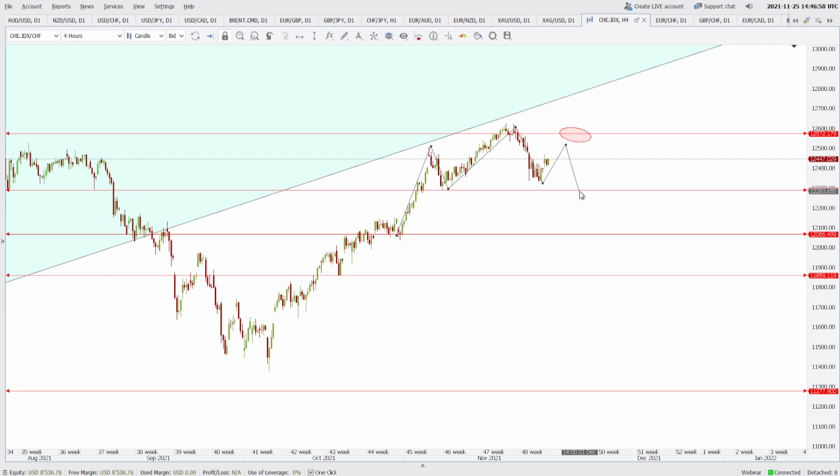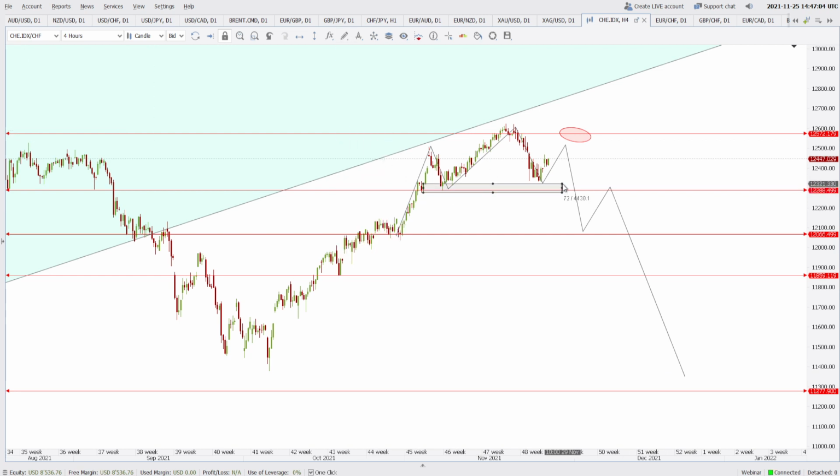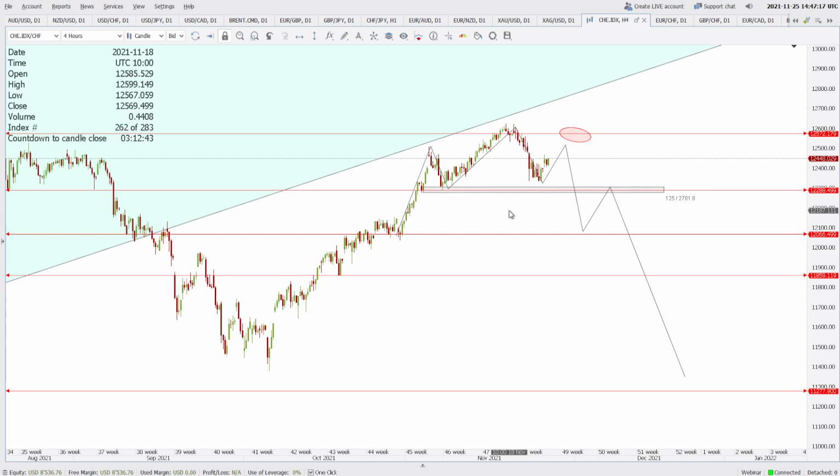In this case, this becomes your neckline. So this may be just a speculation that this may be your trade of the year if you want to go short in the Swiss market.